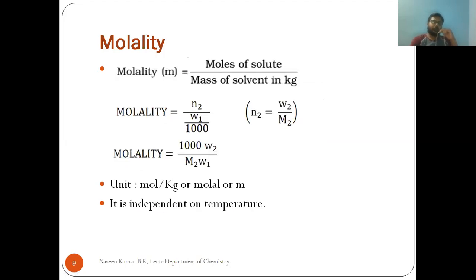The last expression of concentration term, molality. Molality is defined as the number of moles of solute present per kg of the solvent. If we observe its mathematical form, the number of moles of solute, N2, is divided by the mass of solvent, that is W1 by 1000.